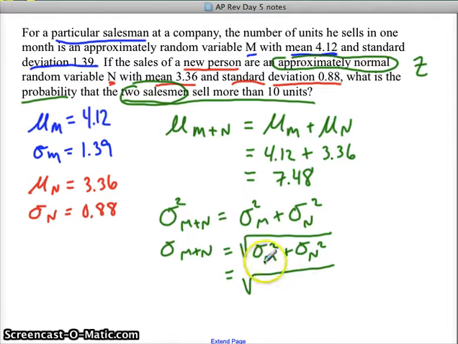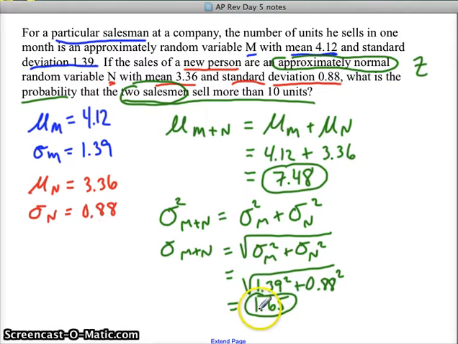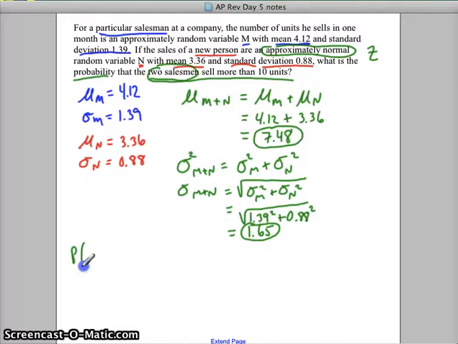So I got to take the standard deviation of M, 1.39, square it, that's the variance, and then I need the standard deviation of N, square it, that's the variance, and when I do that I get 1.65. Okay, so here's my mean, and here's my standard deviation that I need to use for my z-score. So now I'm looking at the probability that these two guys, M plus N, sell more than 10.